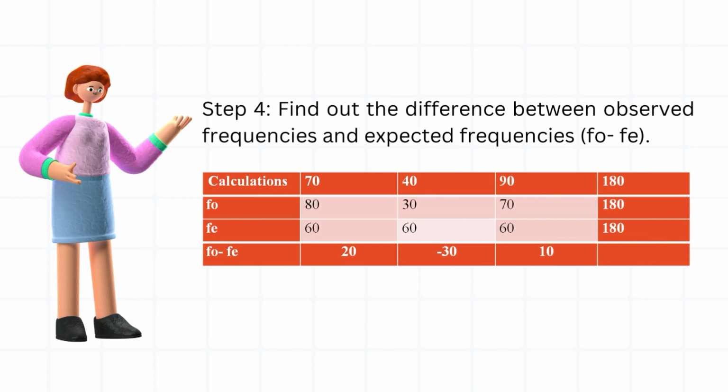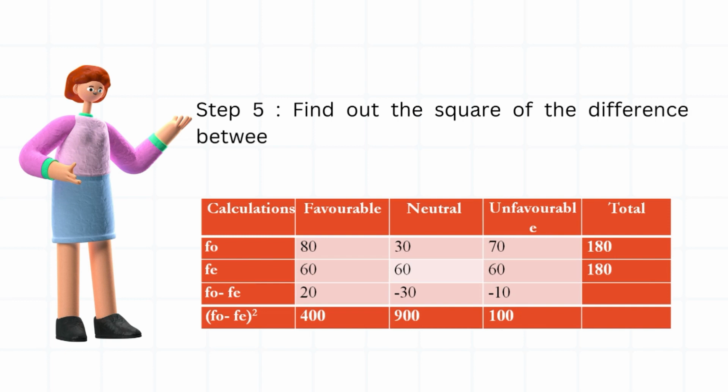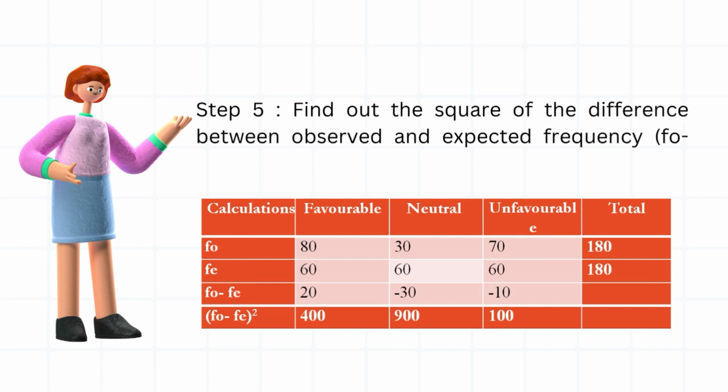Now, next is step 5, and this is to find out the square of the difference between observed and expected frequency. We have to square FO minus FE. This would be 20 into 20, that would be 400, and 30 into 30, this would be 900, and 10 into 10, that would be 100.